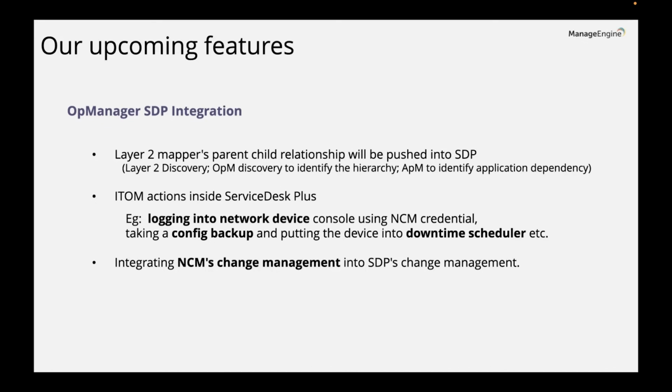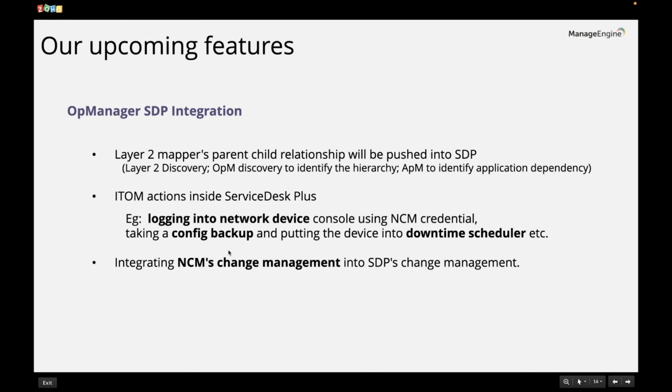So when this particular asset that's been discovered in Op Manager is synced to Service Desk Plus, it is going to take all the intelligence of knowing the parent device and the dependent devices along with it, and map it in the relationship module. So you get to know the relationship of these devices automatically. And next, we also have VMware based discovery.